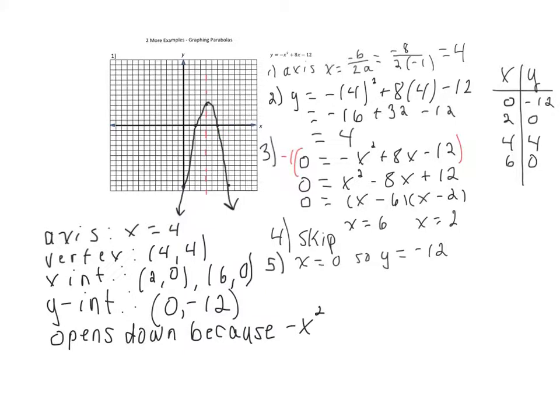So I'm going to put that in our chart. Putting this point in here helps us see the symmetry. We have our axis of symmetry with the vertex, the two x-intercepts, and then the y-intercept with the reflection point. And we have matching y values out here and matching y values with the zeros.